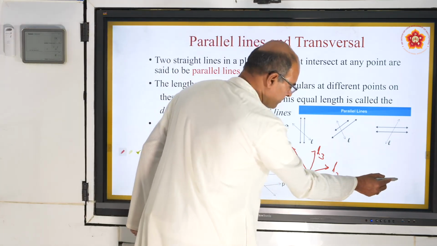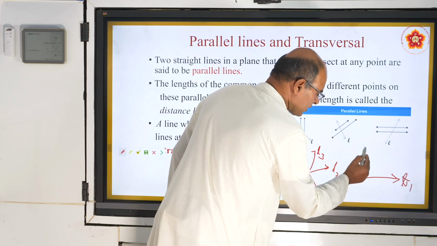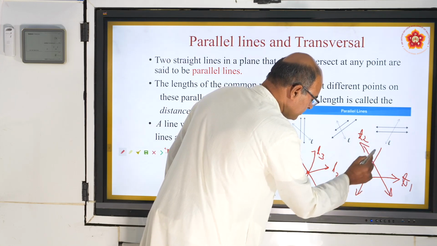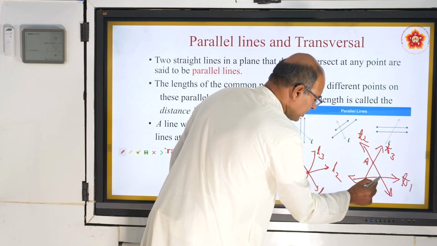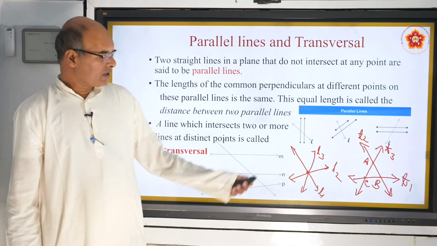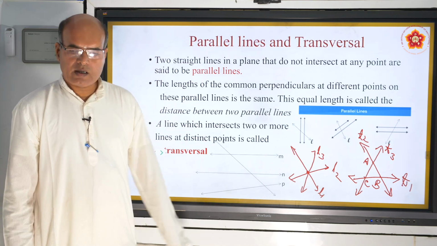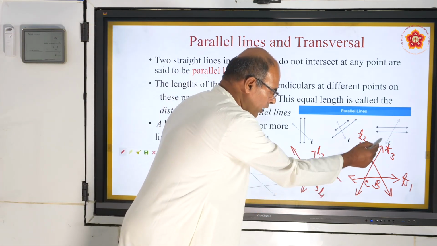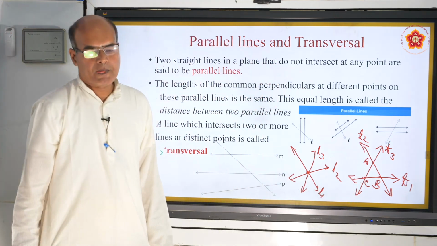Consider another picture. Let it be line T1, this is T2, and this is T3. Let this point be A, B, and this point is C. Which of them is a transversal? We consider all three to be transversals, because T1 cuts T2 and T3 at two different points, B and C respectively.